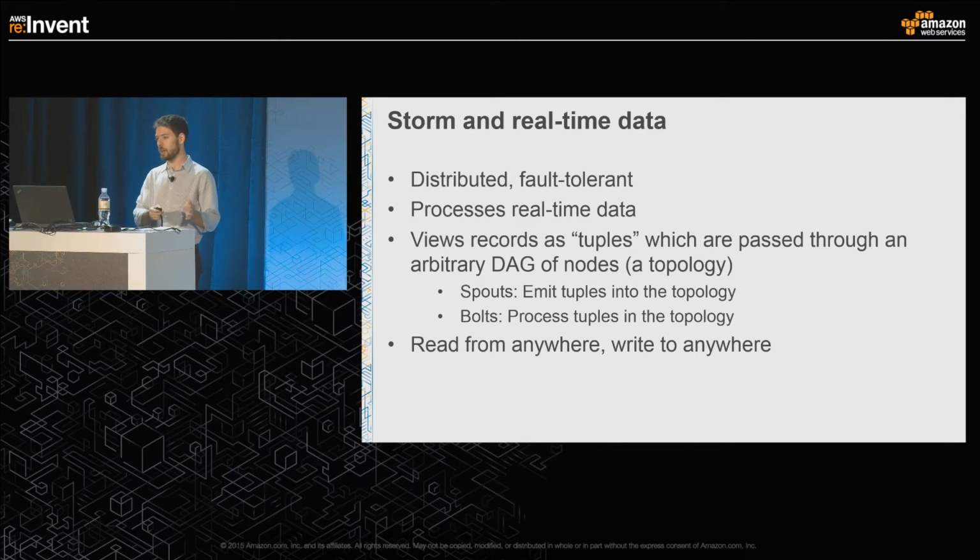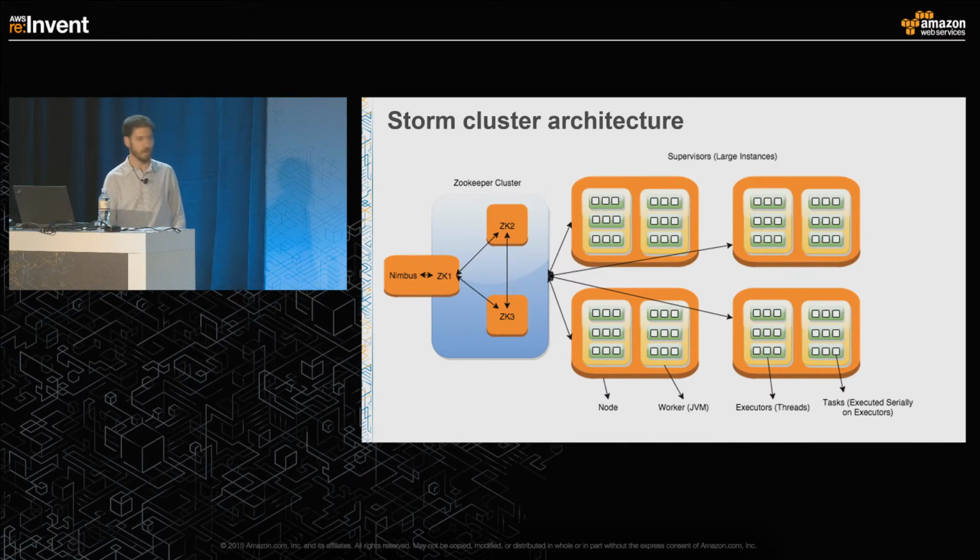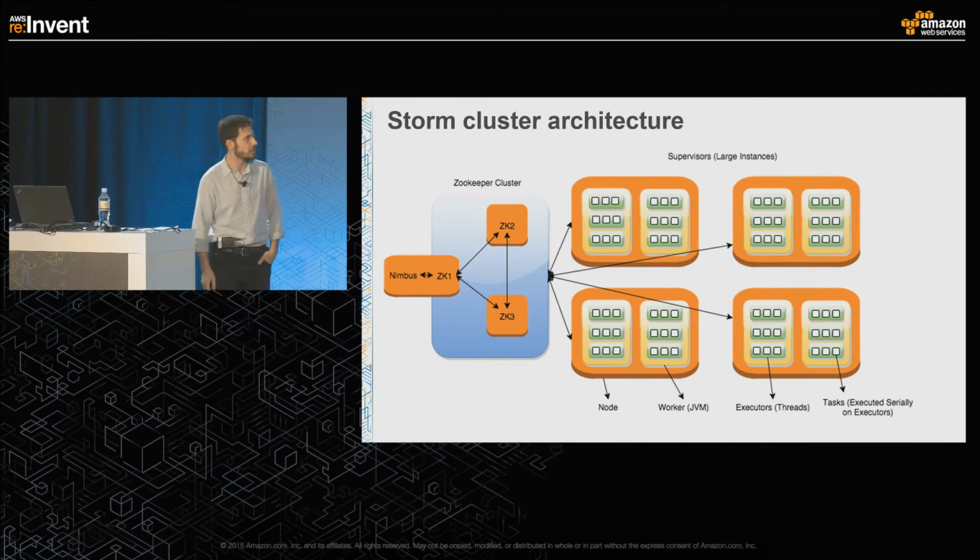So you usually have a couple of spouts, and then some arbitrary number of bolts that do whatever it is that they want to do. And so the result is you can read from anywhere and you can write to anywhere in real time. Okay, so a quick bit on some cluster architecture here.